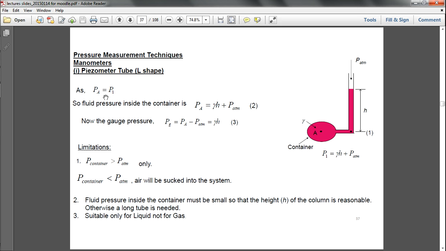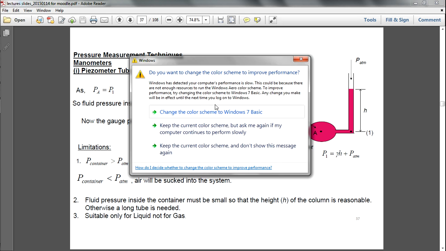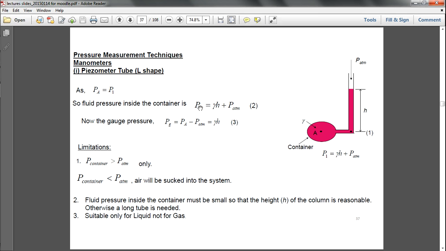So PA equals P1. The pressure of the water itself, we call it P1. The fluid pressure inside the container is PA, as you can see. It is equal to rho g h, if you remember specific gravity, where h is the depth, plus the atmospheric pressure. This is the pressure upon the fluid at this point.